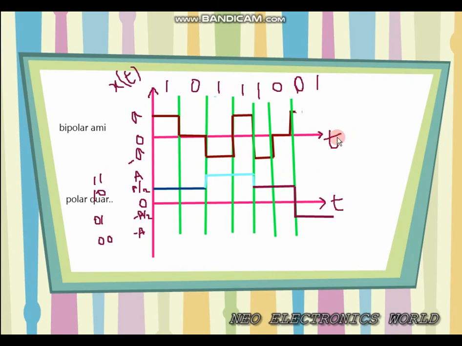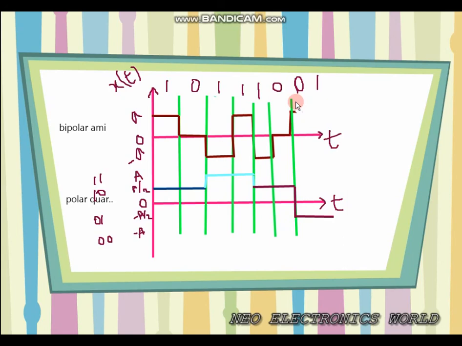Okay, we have seen all the types of line codes: unipolar non-return to 0, unipolar return to 0, polar non-return to 0 and return to 0, then bipolar AMI, then polar quaternary, Manchester coding, and at last we have discussed differential Manchester coding.